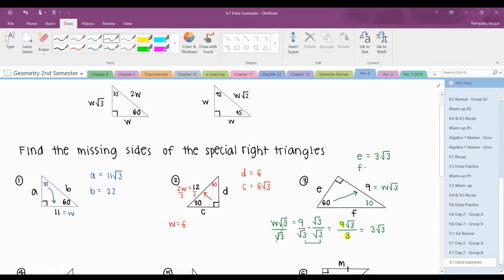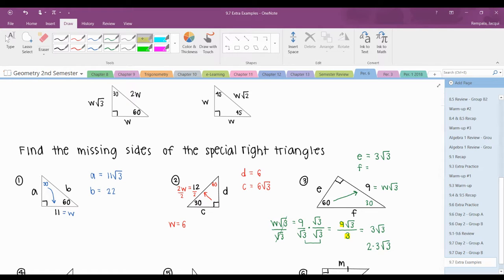To then find the side of F, remember, that is going to be across from the 90, which means that now that I know my value for the shortest side, which is 3 root 3, we have to double it to get the hypotenuse. So to find that missing side of F, I need to take 2 and multiply it by 3 root 3.